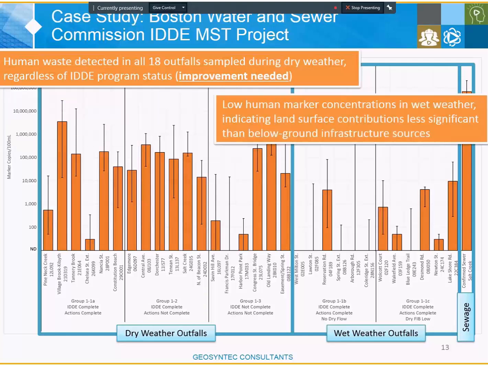And secondly, when you have lower human marker concentrations in wet weather, that tells you that the land surface contributions, the above ground contributions, things like open defecation on the land surface and homeless encampments and spills and sanitary sewer overflows, are less significant than the below ground infrastructure sources, things like sewage leaks and illicit connections. That tells you where you need to put your resources to yield further human waste reduction benefit.